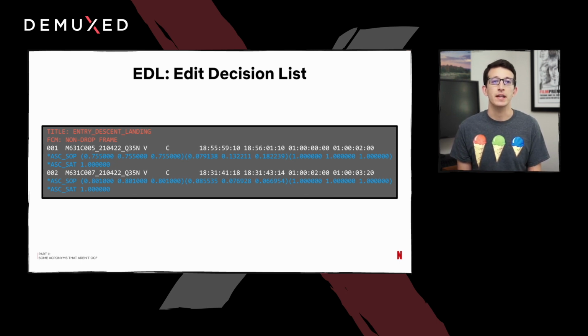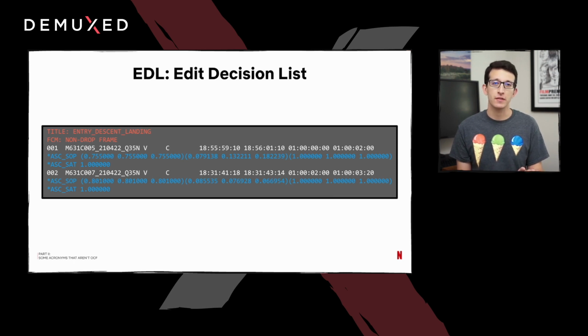In this sample, the EDL events are shown in white and contain, from left to right, an event number, a source tape name, a source type, V for video, a transition type, C for cut, and 4 timecode values. The first 2 refer to the timecodes in the source media from which to cut. The second 2 refer to the timecodes in the resulting timeline to which the source material should be temporally mapped.